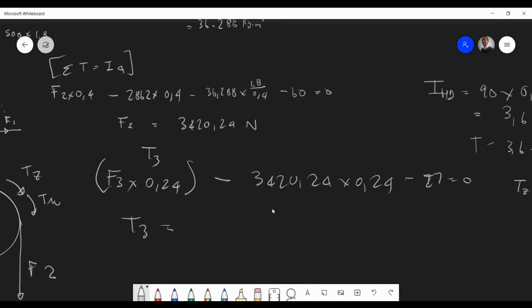Plus 40 plus 27. Yeah. So it'll be 3420.4. I'm just getting this all over to the other side of the equation. Plus 27 plus the frictional torque of 40, which I removed here by mistake.